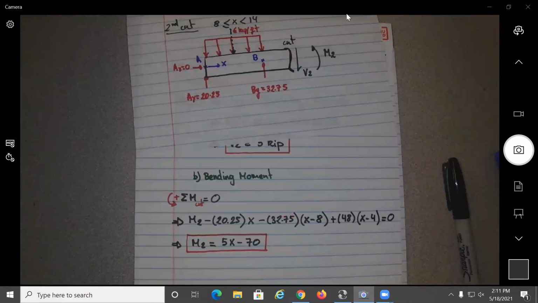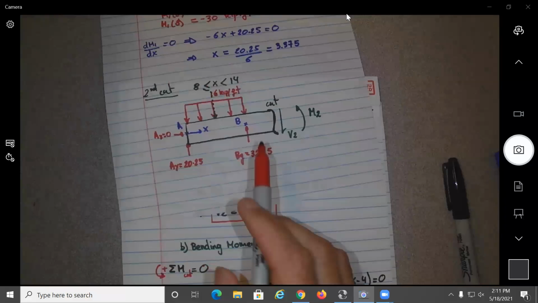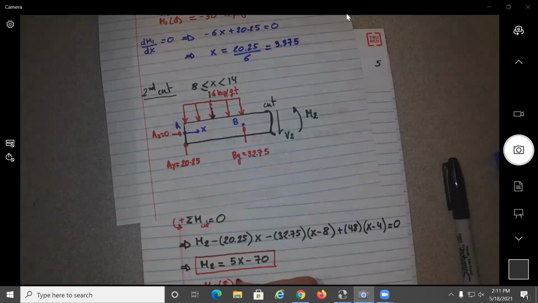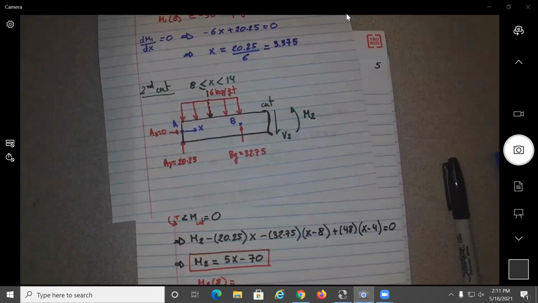So how many points do we need? 2. And this cut is between 8 and 14. So probably the best choice is to do 8 and 14. So for 8 it will be negative 30, correct? And for 14, that will be 70 minus 70, which will be 0, no? Which it should be 0. Otherwise, we'll have something wrong.